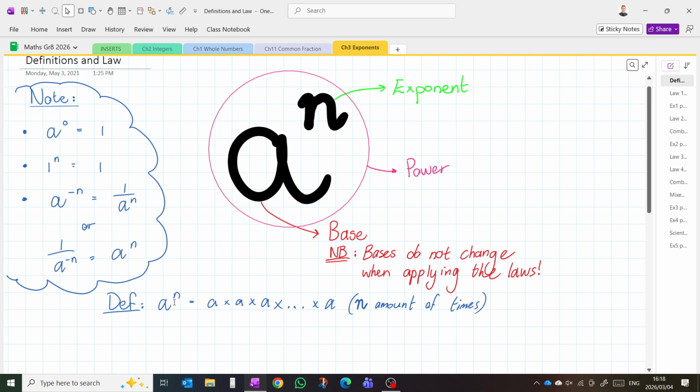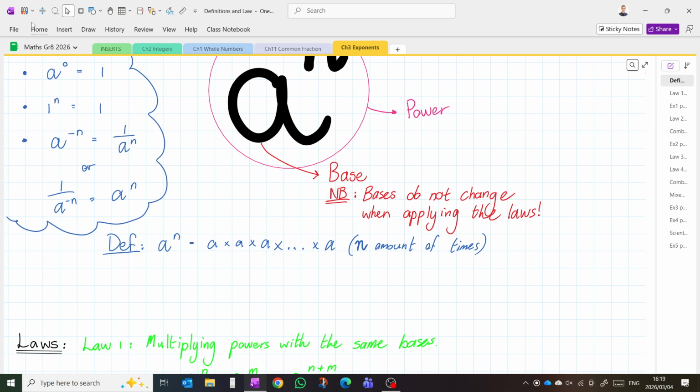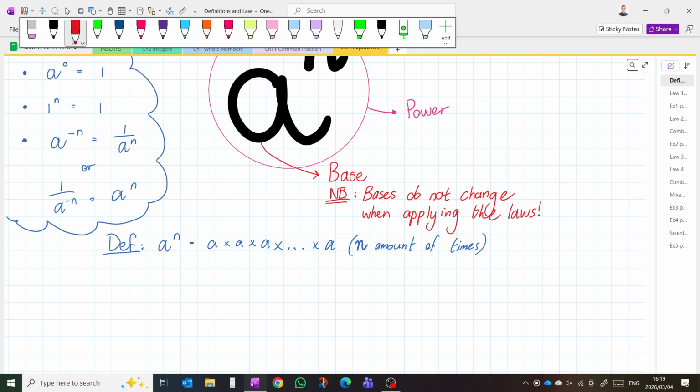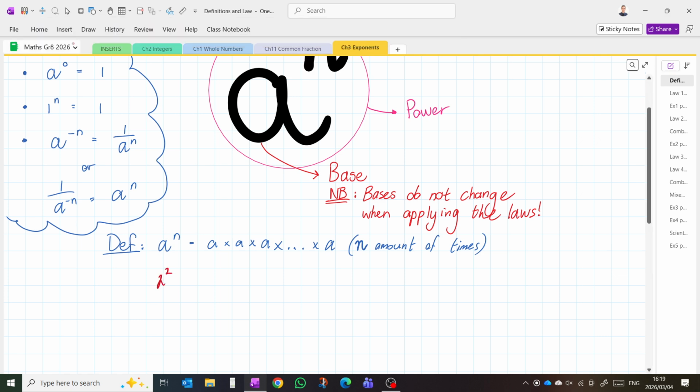If I've got a base a to the power n, that means the base is simply being multiplied by itself n amount of times. So as an example, if I say 2 to the power 2, it's just going to mean that the base of 2 is multiplied by itself twice.